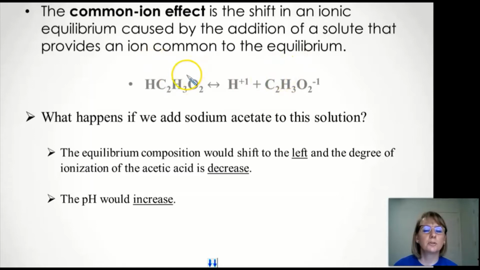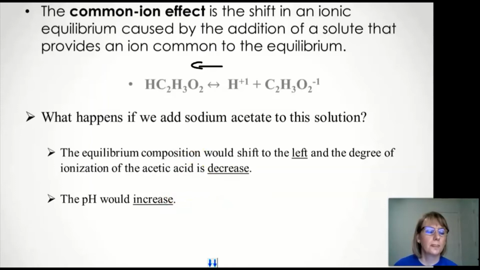And so they both share the acetate. So this is what would happen if we add sodium acetate to the solution. It did cause a shift that direction, so the equilibrium composition would shift left, and the degree of ionization decreased. We saw that. We saw it go from 0.77% to 0.006%. And we saw the pH increase. So that is some results of that common ion effect.